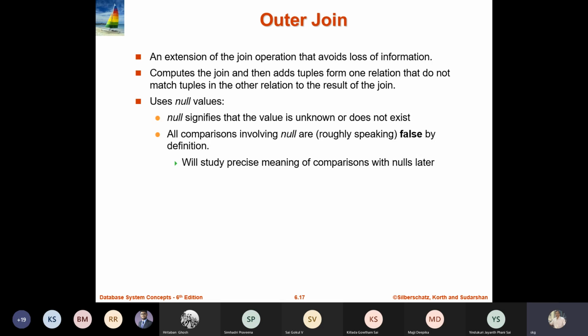Those which do not match in the outer join are also taken into consideration. It uses null value. Null signifies that the value is unknown or does not exist. Comparisons involving null are false by definition. We'll see some cases where nulls matter, like in case of a count, where it will not count them. We'll look precisely at this comparison with null later on, to see how null behaves.